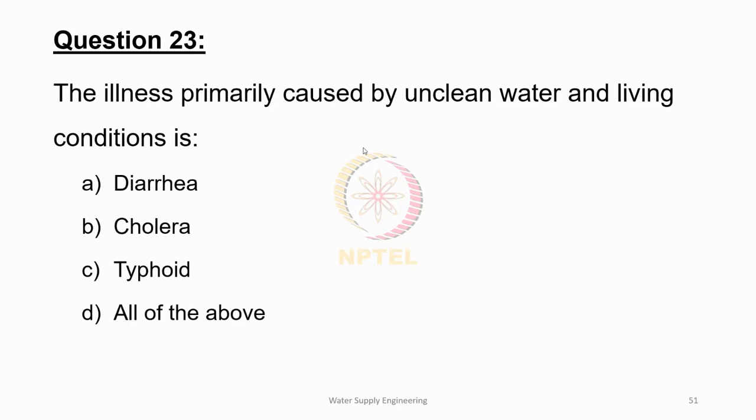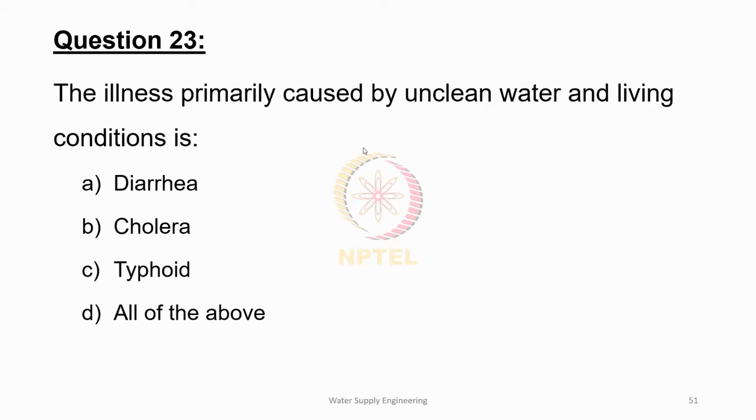So here we are asked which all are the waterborne diseases caused due to unclean water. So we have three options and all of the above as well. Which of these are primarily caused by unclean water and living conditions?